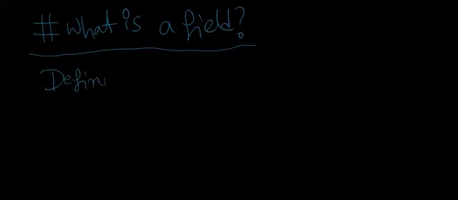Note that this field will not be the same as what you heard about in physics. Rather, we will try to take an abstract mathematical definition. So the way to define a field is the following. So let me write it as a definition.